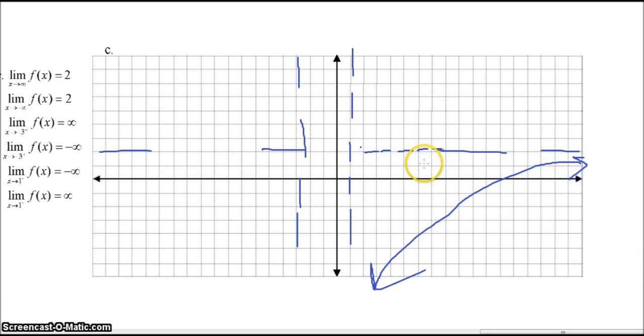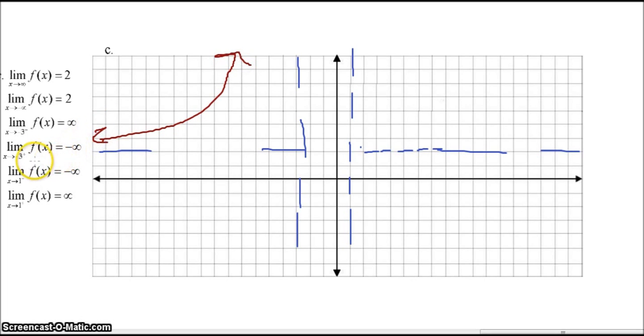As we approach 3 from the left, we go to infinity. And as we approach 1, that's negative infinity. Hold on a second. This is negative 3. As we approach negative 3 from the left, we go to infinity. So probably something like this.